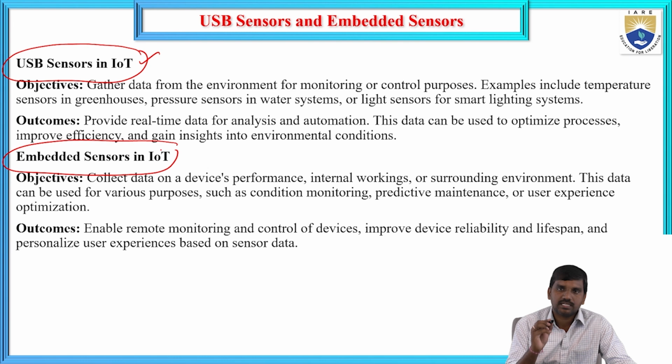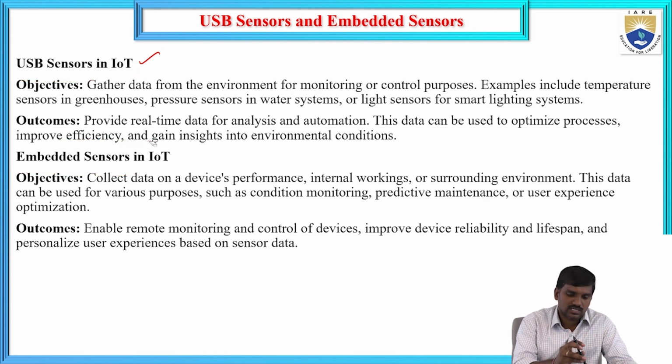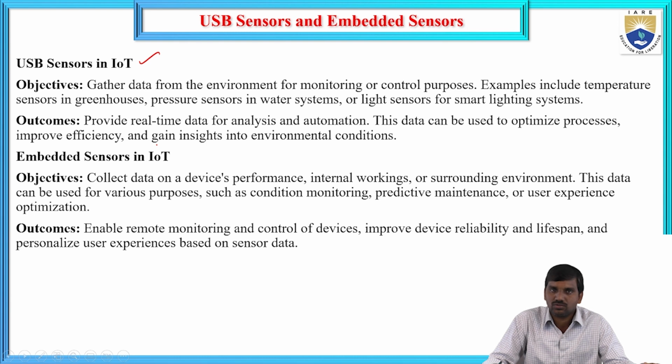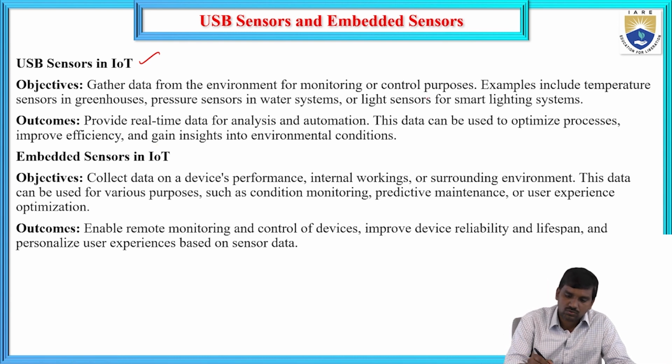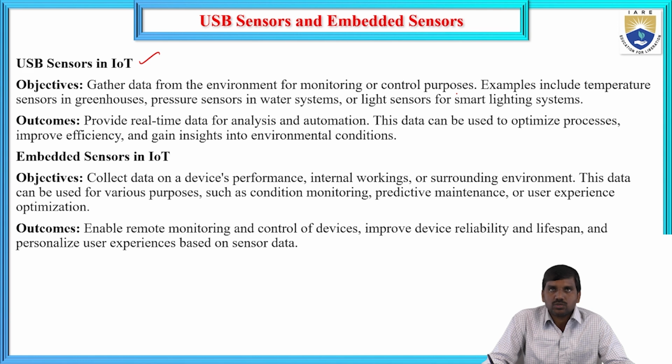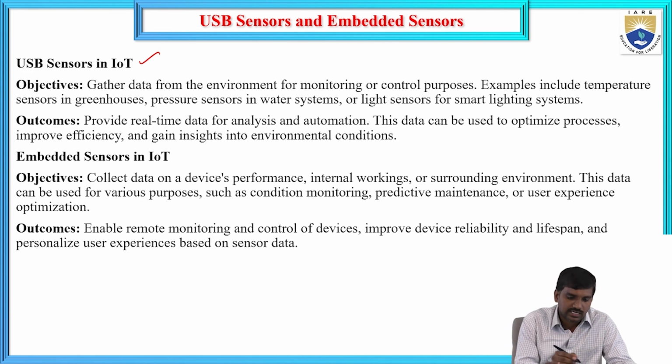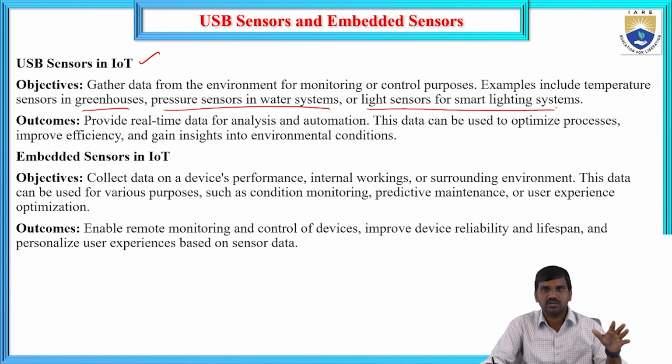Under USB sensors in IoT, what are the objectives here? A sensor is nothing but gathering data. Initially, it gathers data from the environment for monitoring and control purposes. Examples include temperature sensors in greenhouses, pressure sensors in water systems, and light sensors for smart lighting systems. So different sensors, different applications.